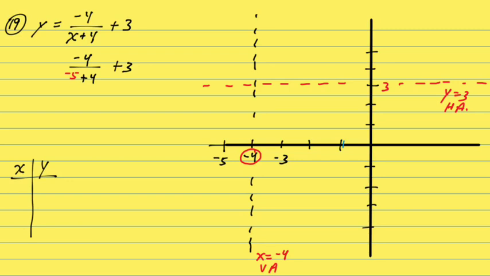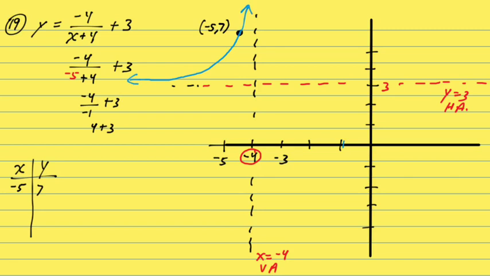So what does that give me? Negative 4 over negative 1, which is 4, plus 3. So if I put in a negative 5, I get a 7. Where is negative 5, 7? Well, it's above the asymptote, isn't it? So that means it has to curve from asymptote to asymptote.